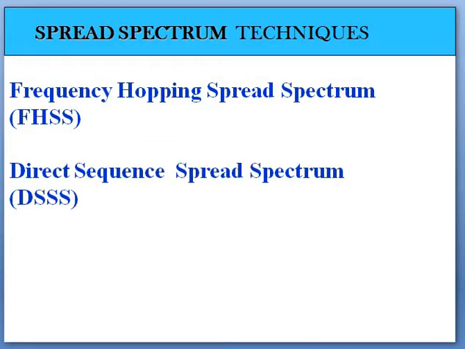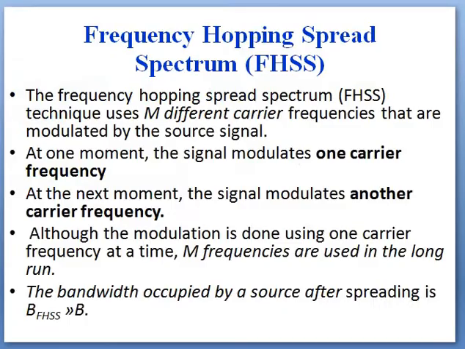Basically, there are two types of spread spectrum techniques: frequency hopping spread spectrum and direct sequence spread spectrum. In this video, we will go into detail with frequency hopping spread spectrum. The frequency hopping spread spectrum technique uses M different carrier frequencies that are modulated by the source signal.